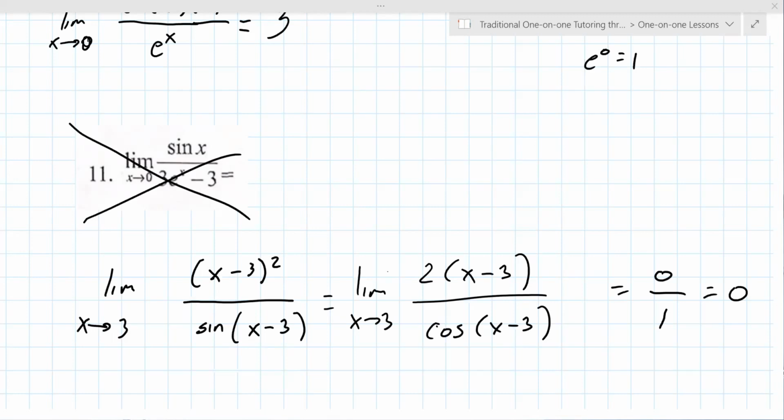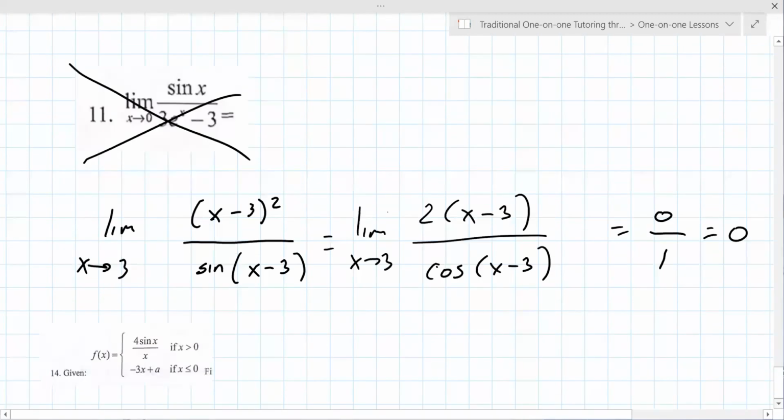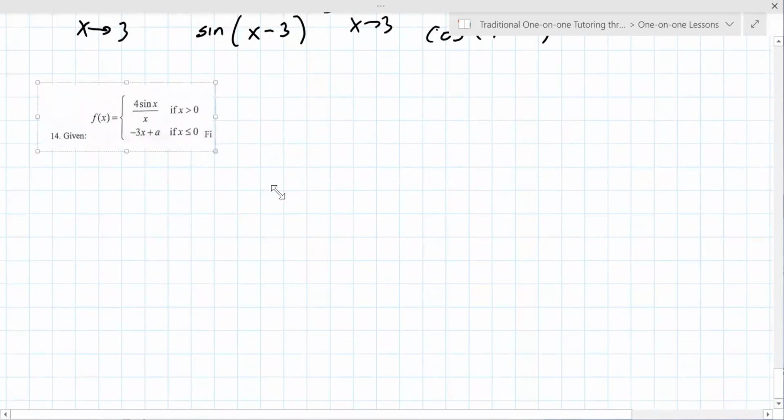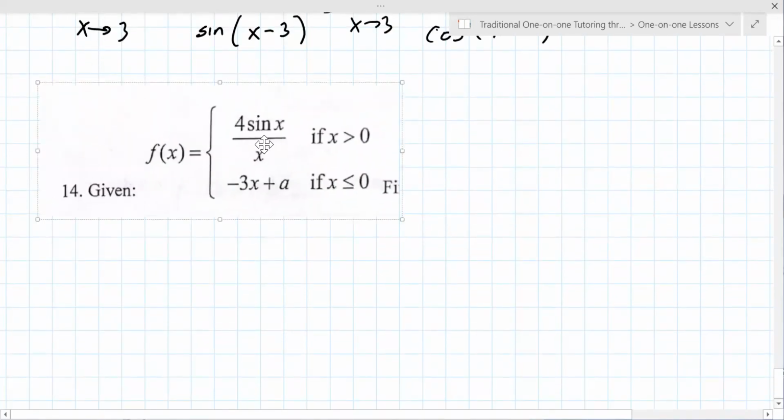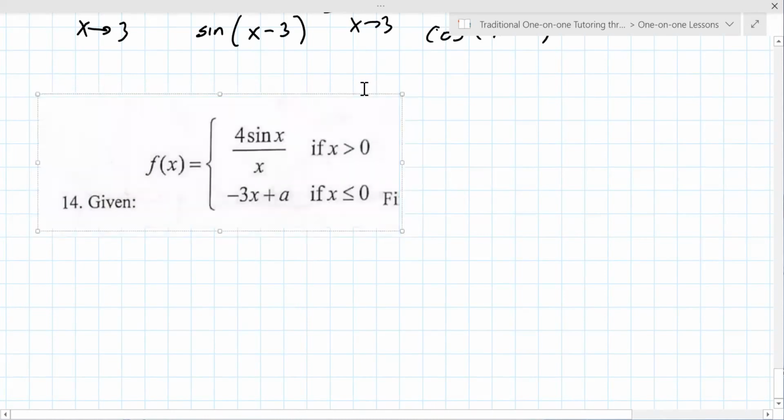Okay, I guess we should do this. This is a great multiple choice question. So the question here is to find the value of a that makes this continuous. I don't remember how to do these at all.